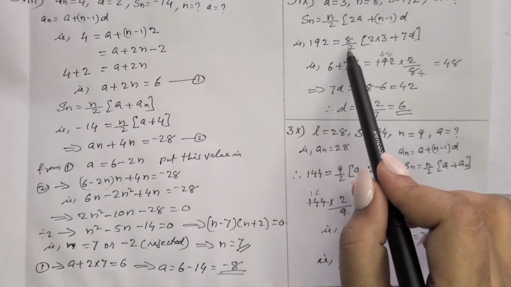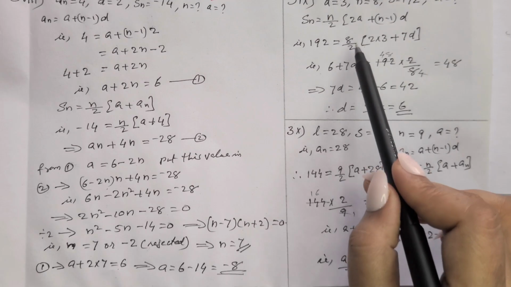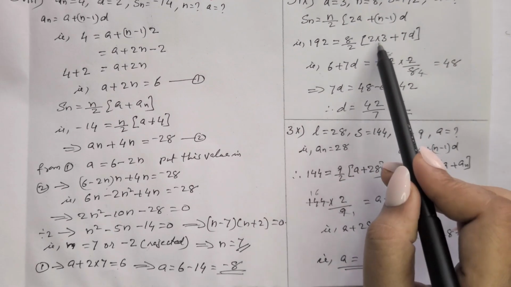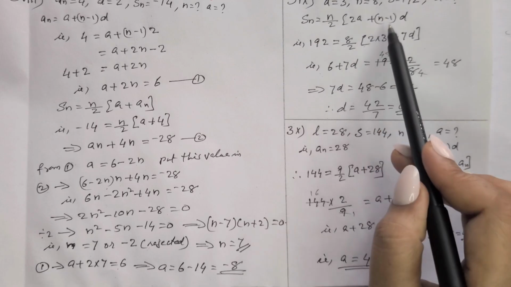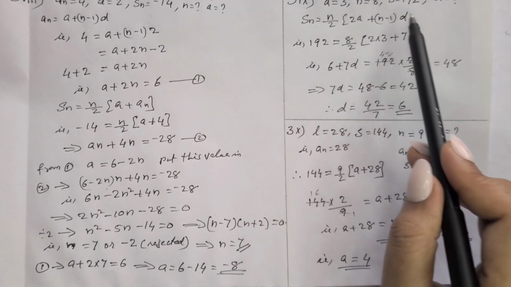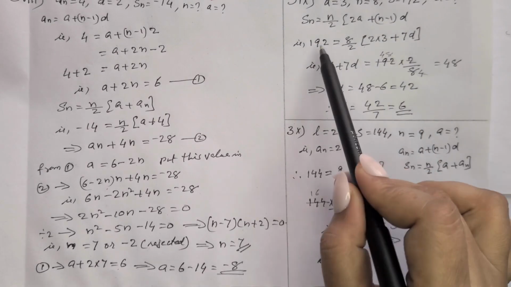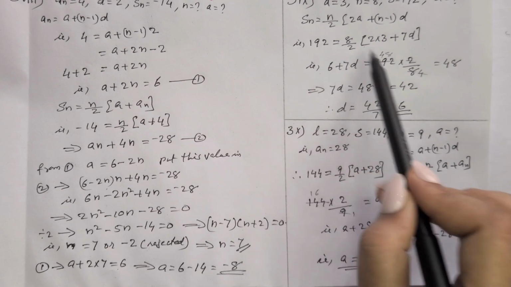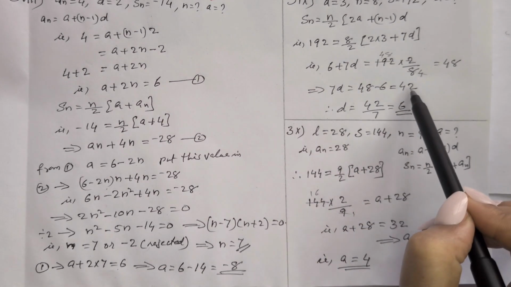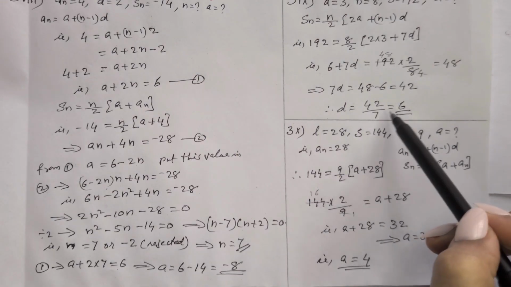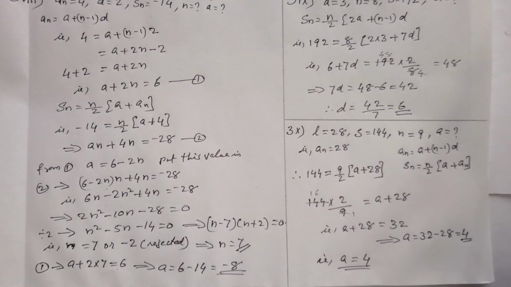So 192 is equal to n is 8, 8 by 2 into 2a, 2 into 3, plus n minus 1, which is 7, 7d. Cross multiply, so 192 into 2 by 8, when we simplify, 48, minus 6, 42 divided by 7, 6. So d is equal to 6.